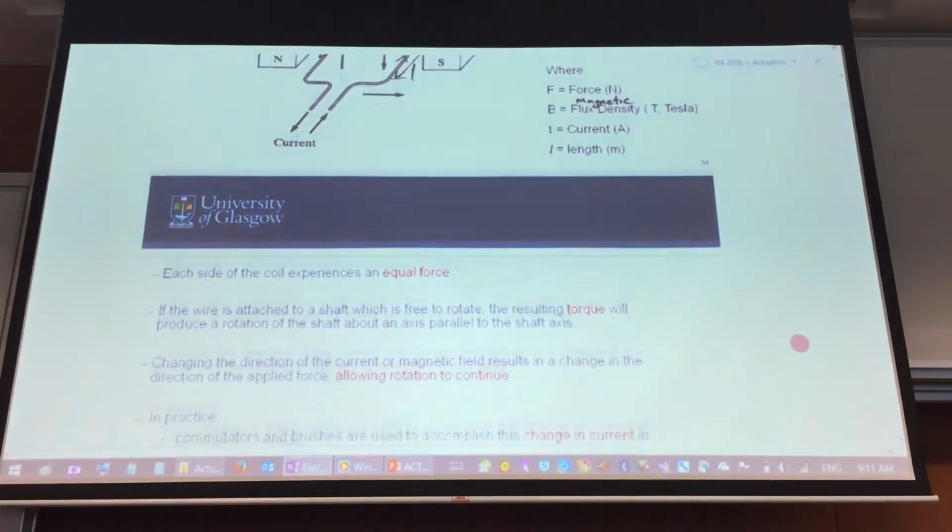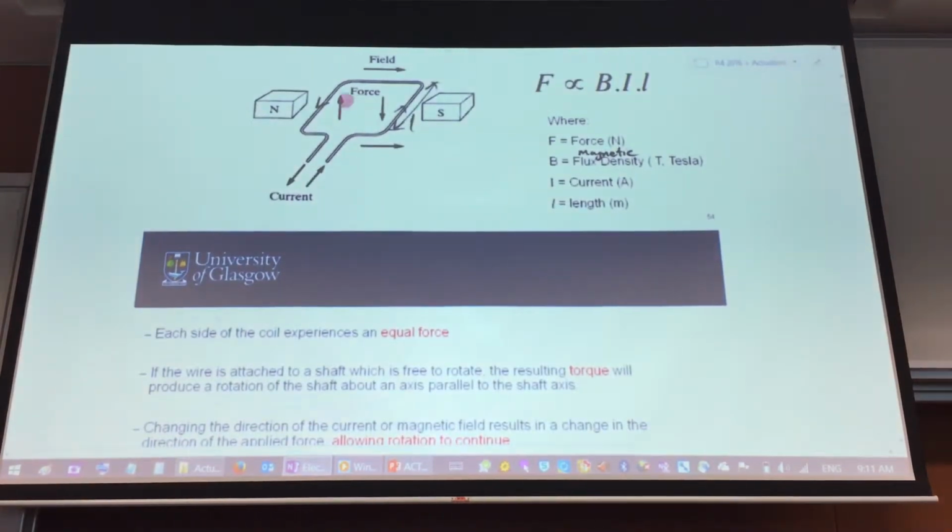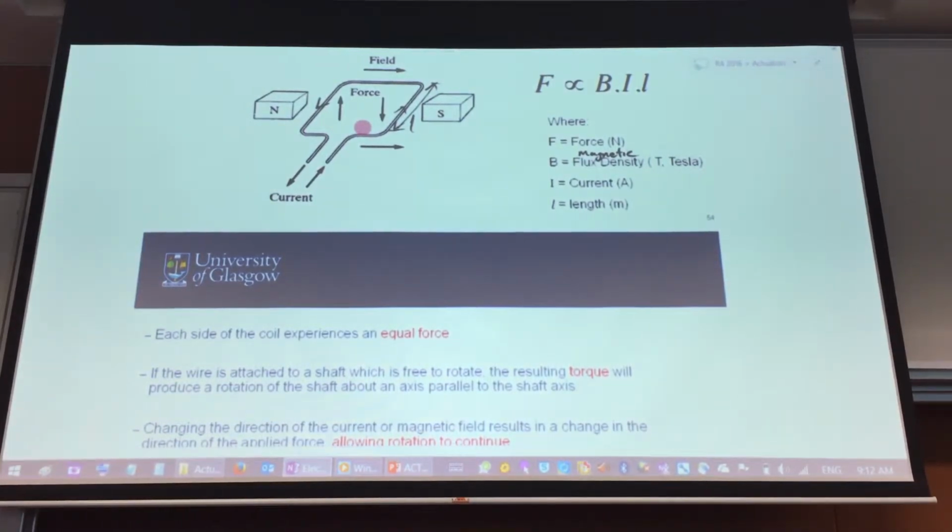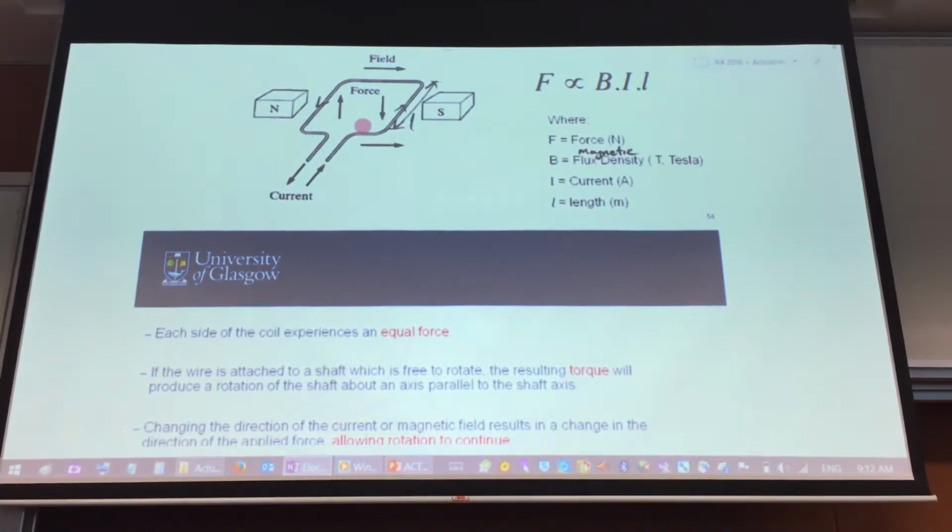These two forces are actually equal to each other, at any point of time. And because they are rotating, you get a resultant torque out of the force. So that's why when you fix your load to your rotating motor, you'll get a certain amount of torque.